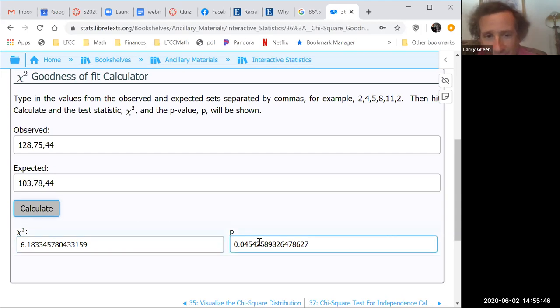I think I'll even highlight something to help you out. Any ideas? It's something you should all know by now. If you see P equals 0.0454, what does that tell you? You don't remember?